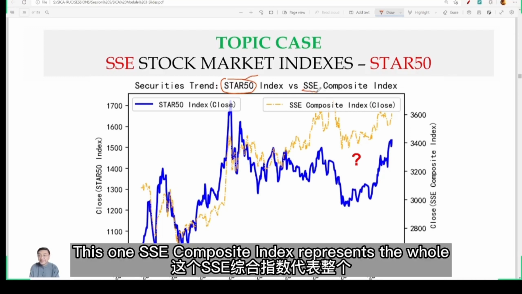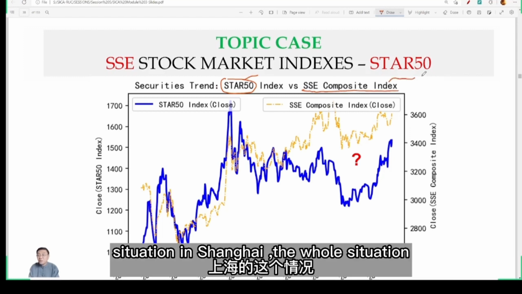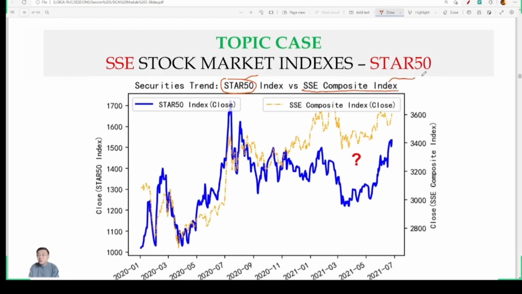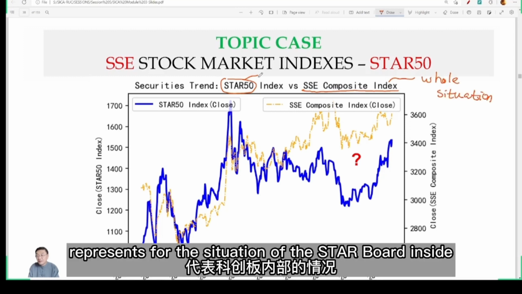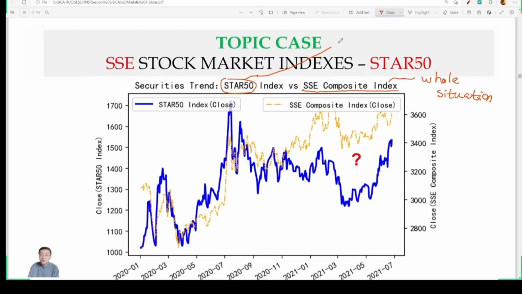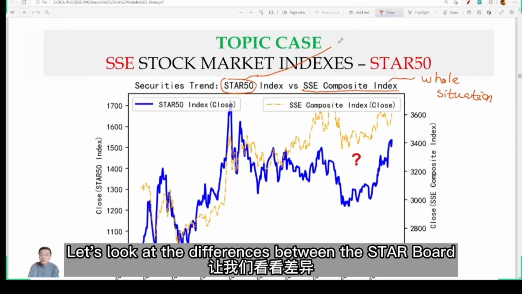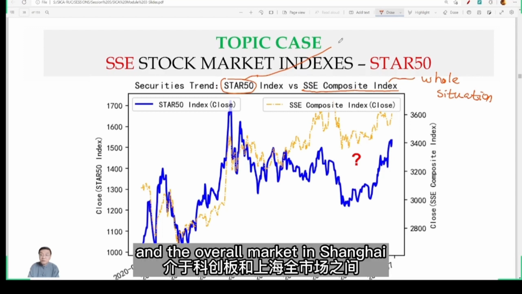This one, the SSE Composite Index, represents the whole situation in Shanghai. And this one represents the situation of the Star Board in Shanghai. Let's look at the differences between the Star Board and the overall market in Shanghai.